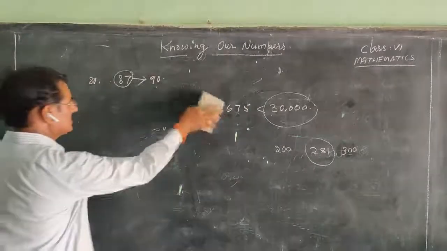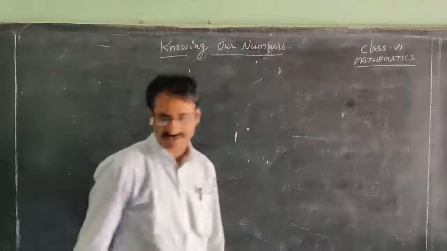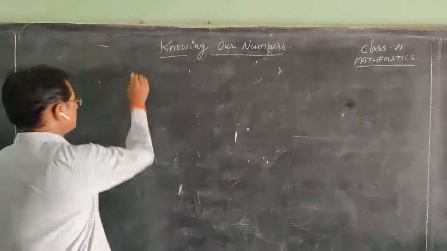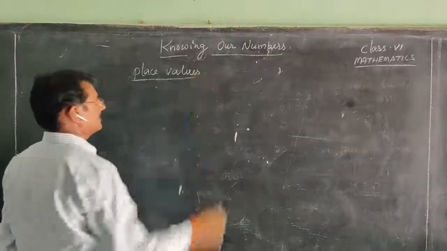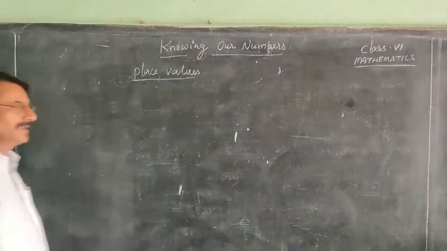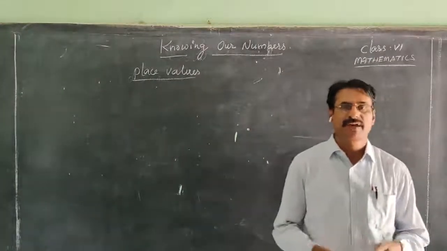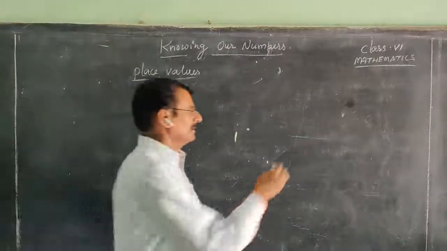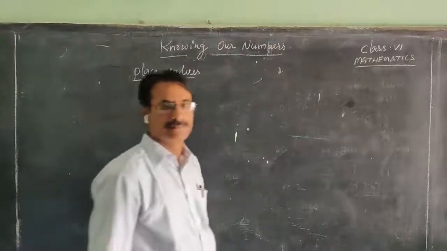Okay. Next, you already learnt in the previous classes that a digit has two types of values. One is the face value, a fixed value for each digit. The fixed value of that digit is 1.